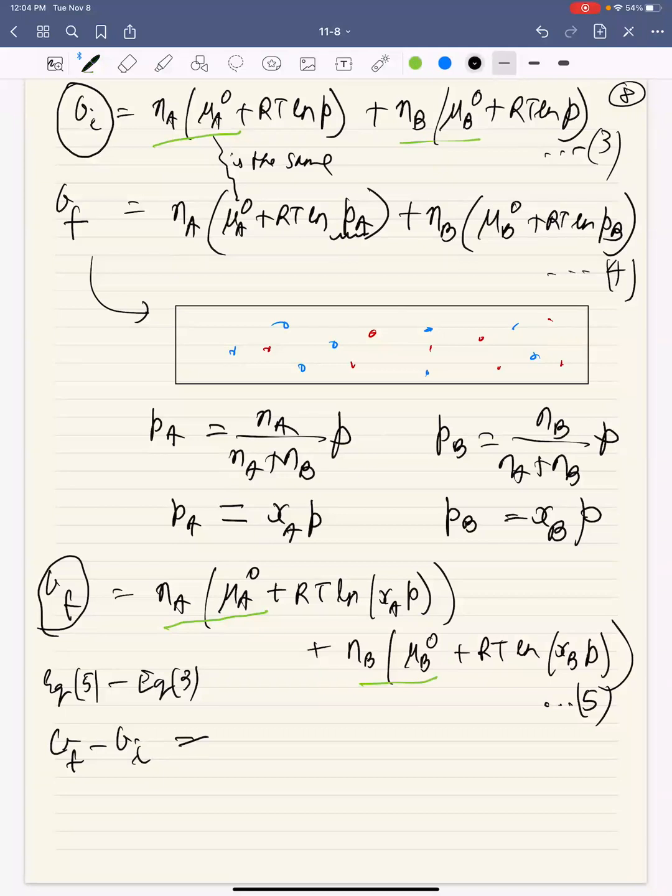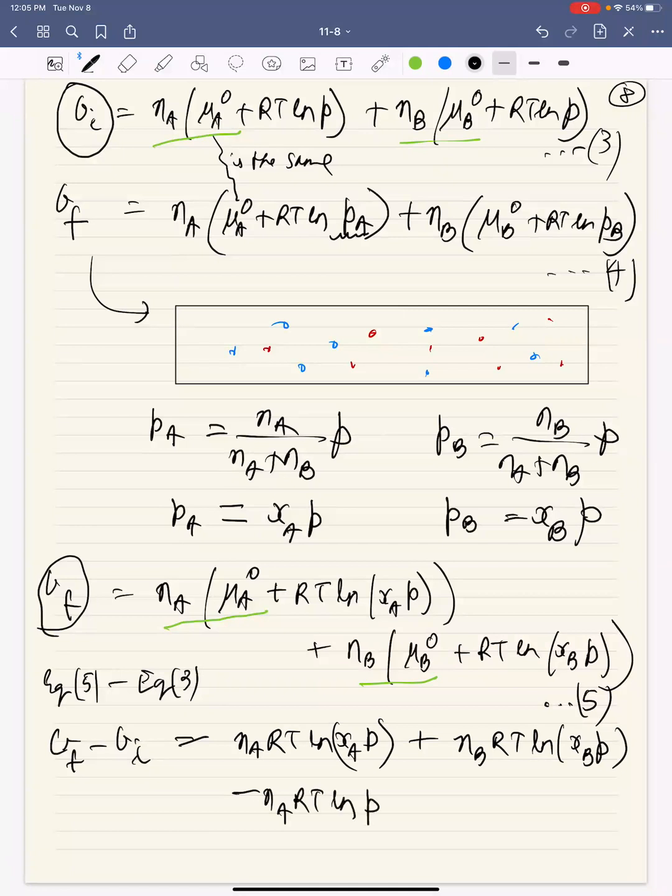So what are we left with? NA RT ln XAP plus NB RT ln XBP minus NA RT ln P minus NB RT ln P.